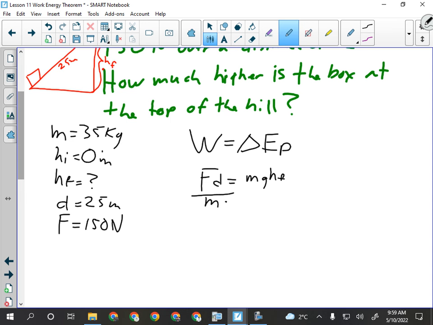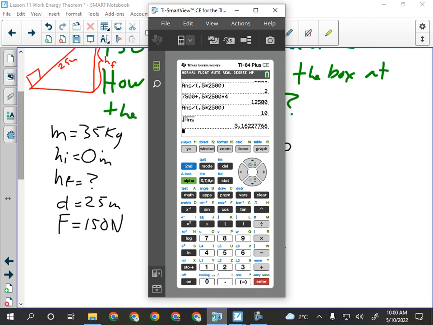Divide it over to the other side. Plug in my numbers: 150 times 25, so force times distance, divided by 35 times 9.81. So it's going to be 10.9 meters higher at the top of the ramp.